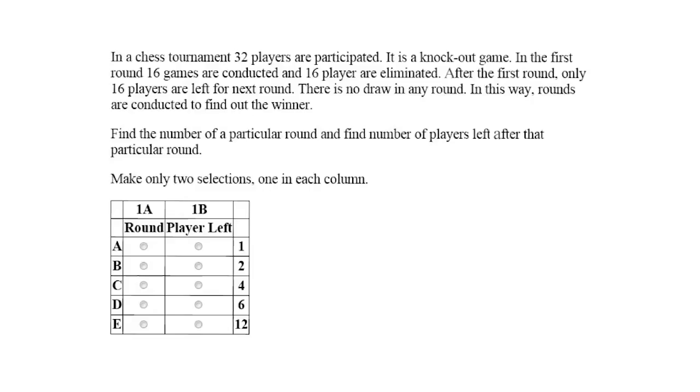The question has 3 parts. The first part explains the situation, or explains the problem. The second part of the question asks to find 2 values. In the third part, the various choices for the answer are given.